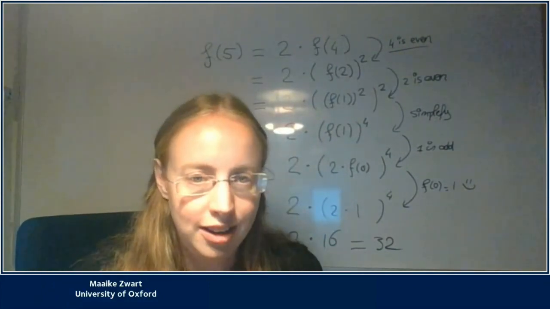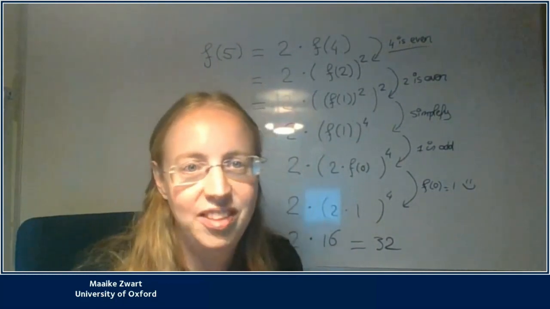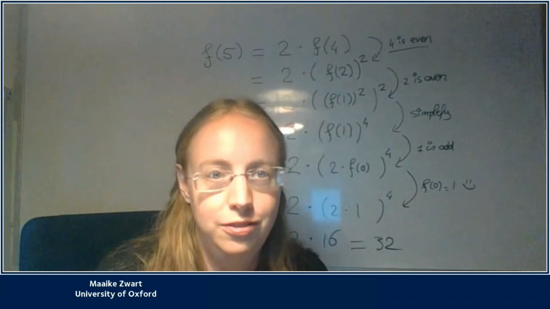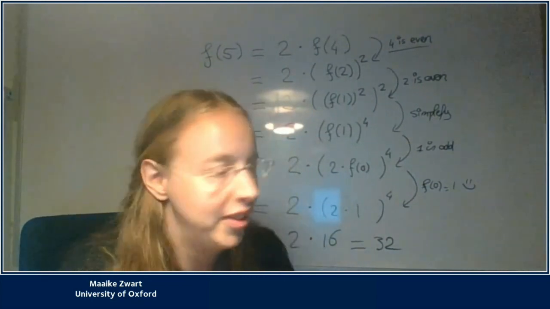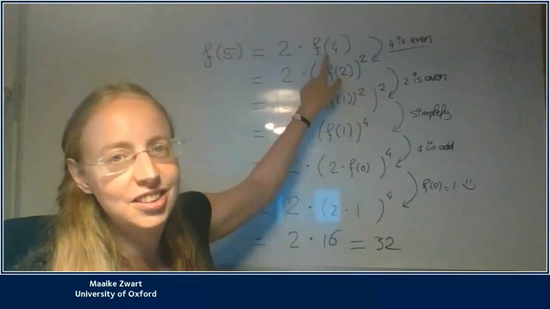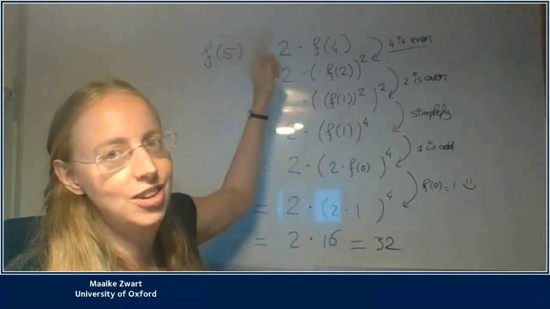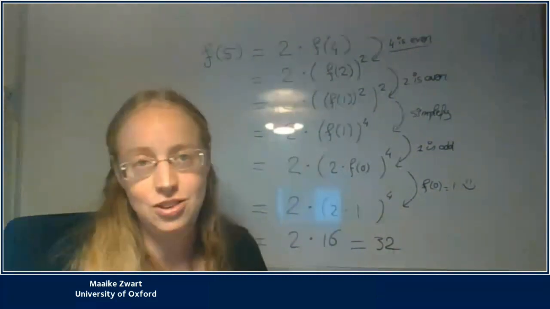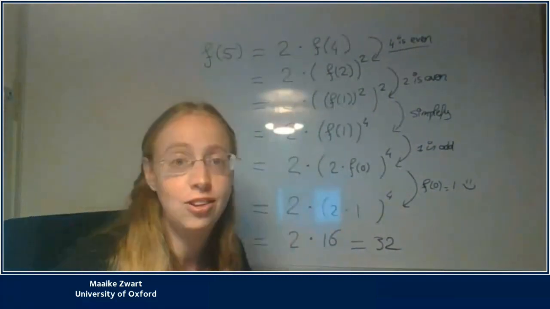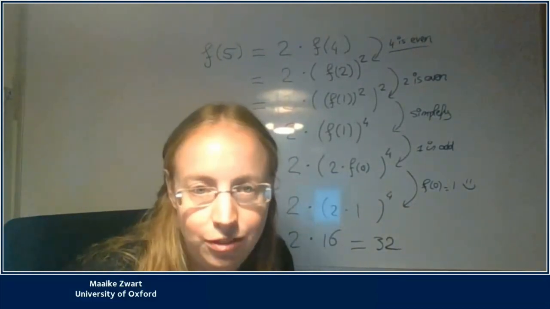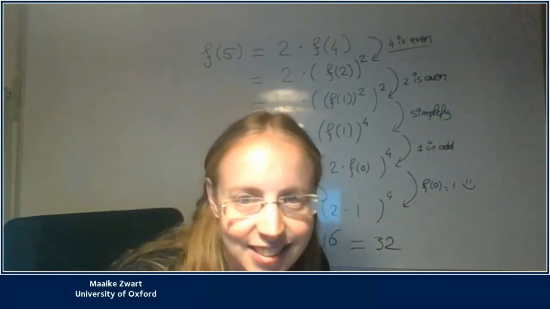And in this question, we're quite lucky because the example already tells us that the recursion depth of 4 is 3. And the first thing we're calling here is f4. So the recursion depth of 5 is really just 1 plus the 1 from 4, because we're making one extra call, namely the function of 4. So the depth is 4 in this case.